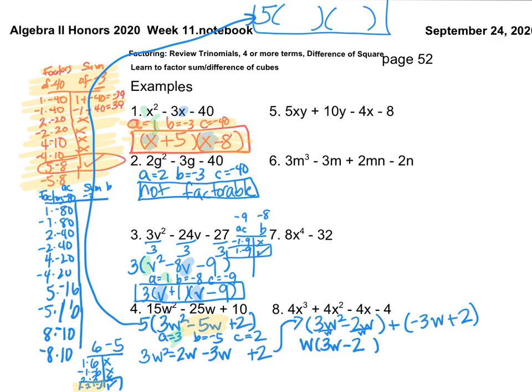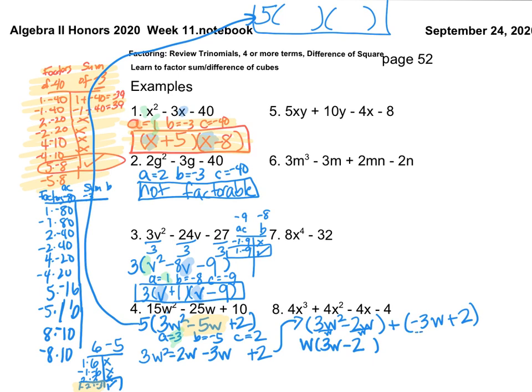In the next grouping, if you notice, negative 3w and 2 really have nothing in common. Negative 3 and positive 2 do not have a common factor besides 1. There's a w on the negative 3w, but not a w on the 2. So it appears like I can't do anything there. But here is a rule that you need to remember.